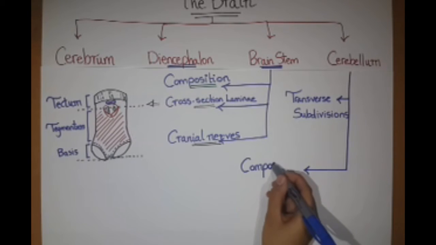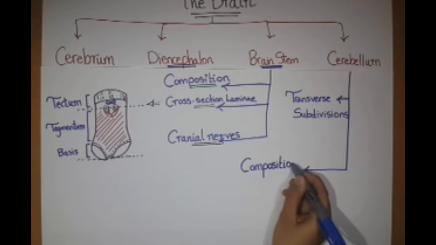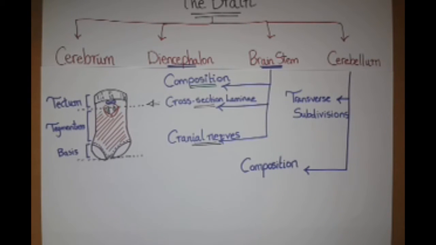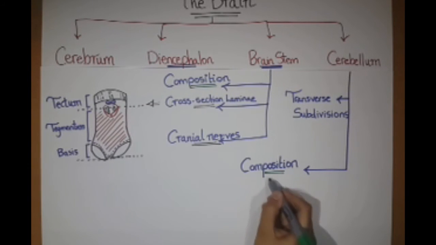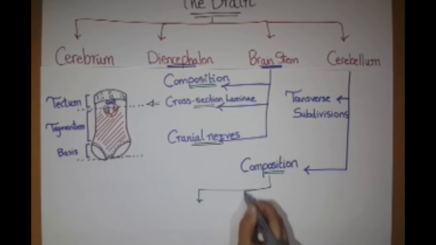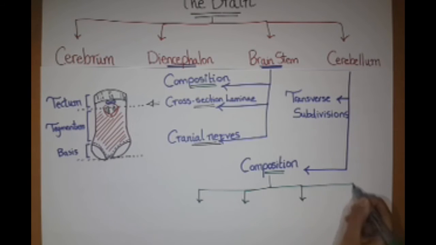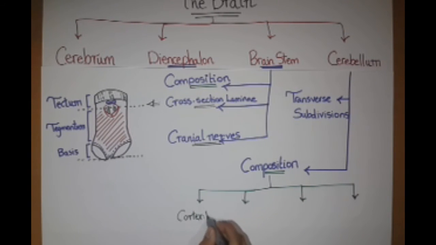So, what is the cerebellum composed of? Mainly, the cerebellum is composed of different layers such as the white matter and the gray matter that we've discussed earlier. The cortex of the cerebellum is called folia.